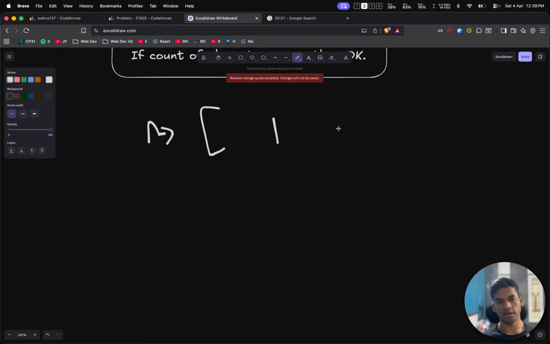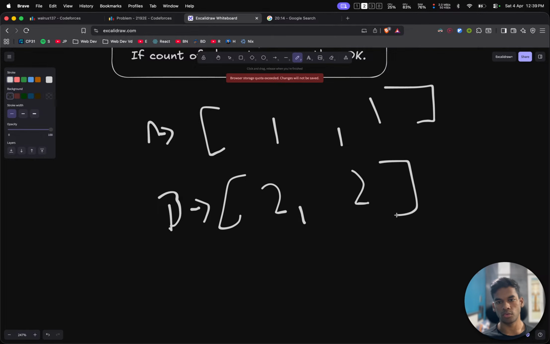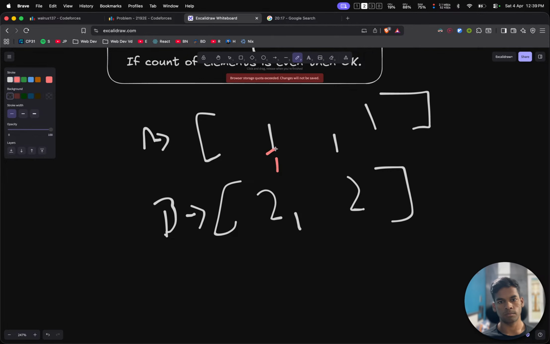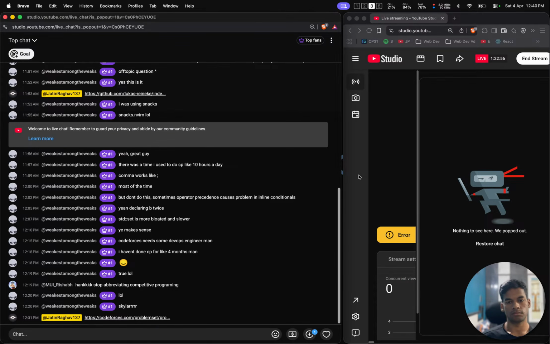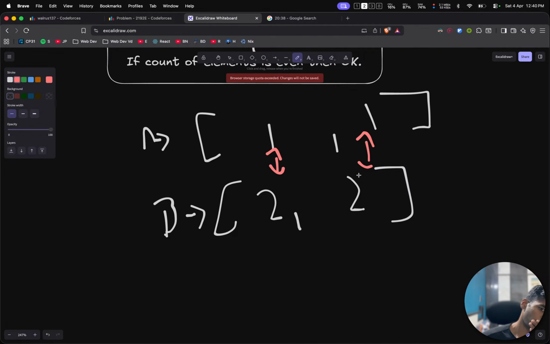If we have A as 1, 1, and B as 2, 2, we either swap this or we swap this. We swap one of these.